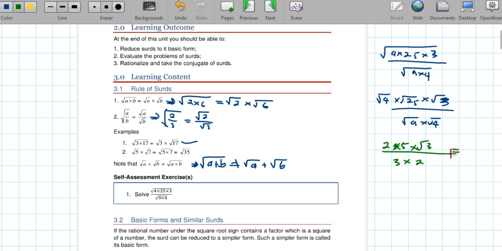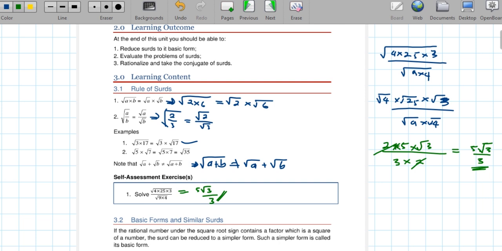So from here we have 2 here and 2 here, so we have 5 square root of 3 divided by 3. So this is equal to 5 square root of 3 divided by 3. That is our answer for the self-assessment exercise.